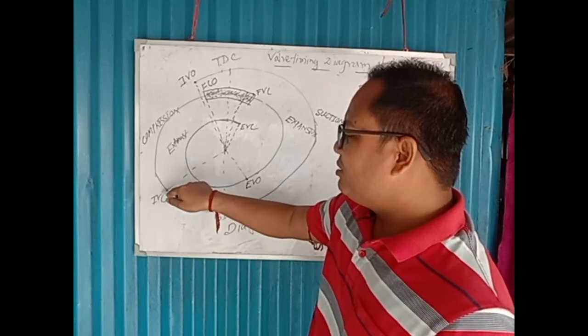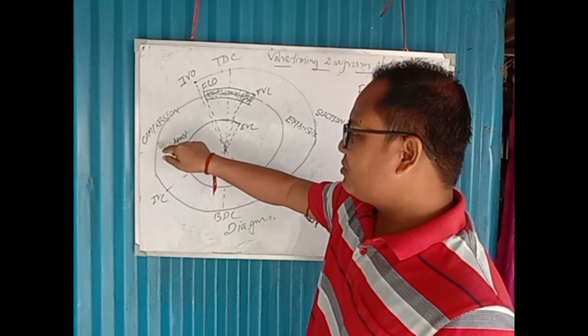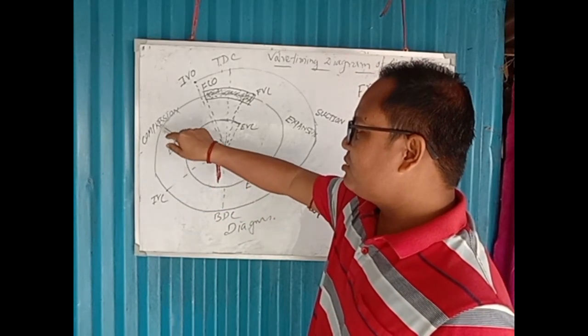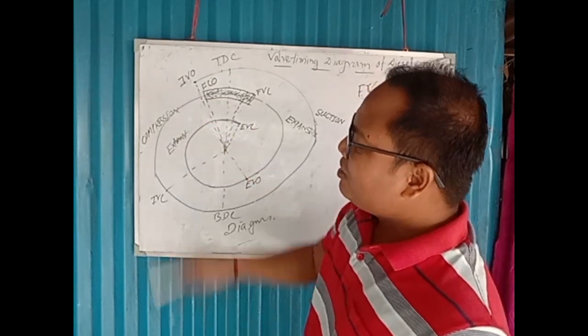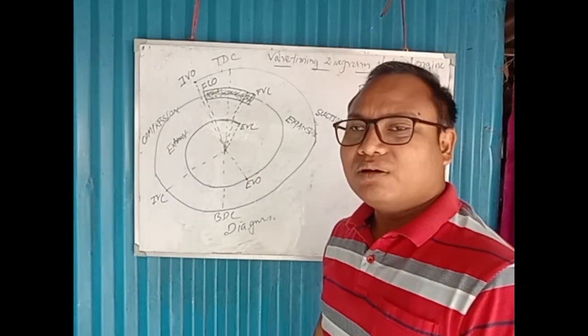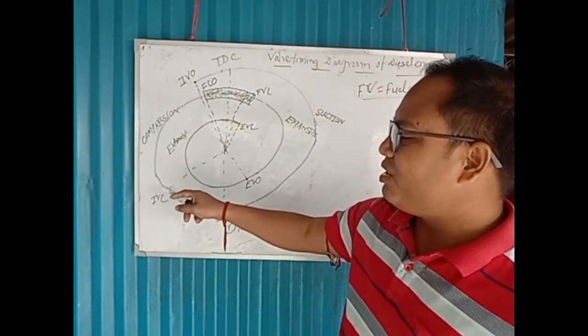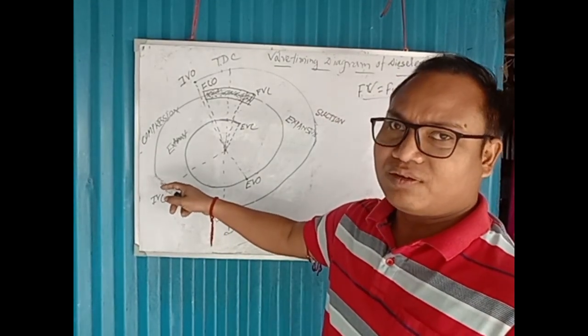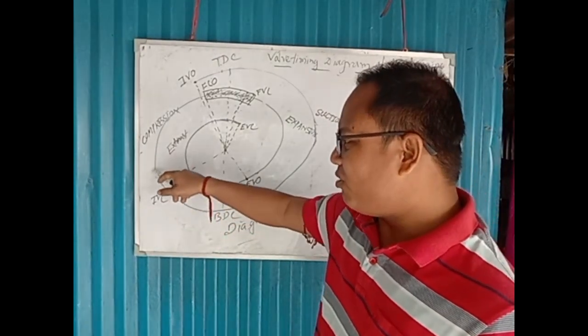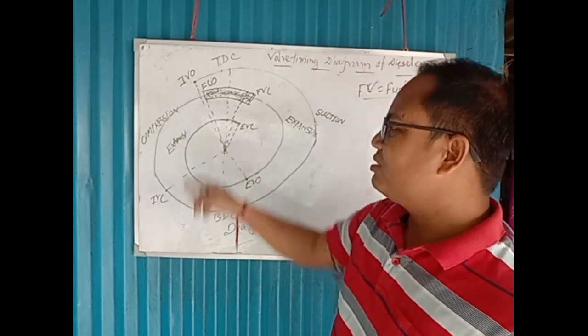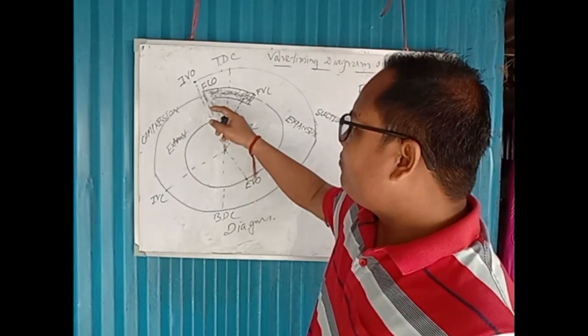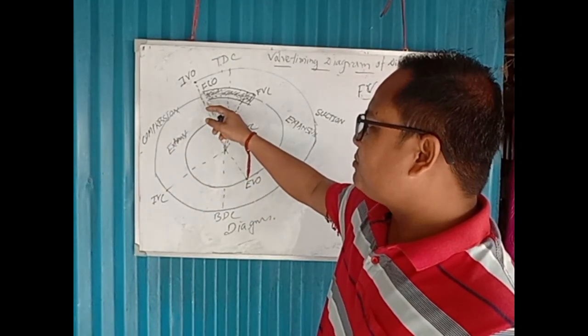At this point, the cycle goes through the compression stroke. At the time of the compression stroke, the air charge is compressed inside the cylinder up to this point.